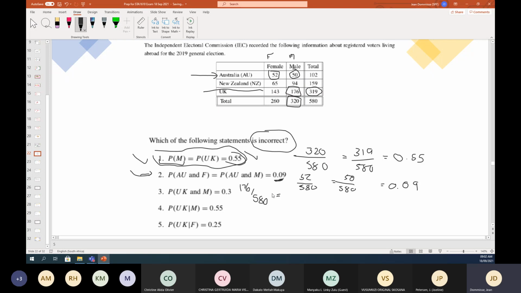So 176 divided by 580 gives us 0.3, so that is also correct.